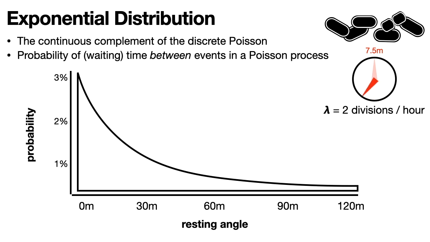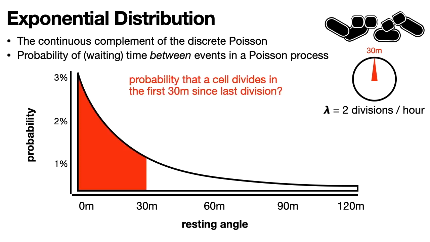Likewise, if we wanted to know the probability of a cell dividing in the first 30 minutes since the last cell division, then we can apply the cumulative exponential function in R, giving it 30 minutes or less at a rate of 2 cell divisions per 60 minutes. We see that the probability of observing another cell division in the first 30 minutes since last time is 63%.